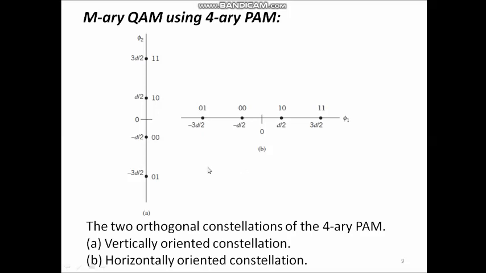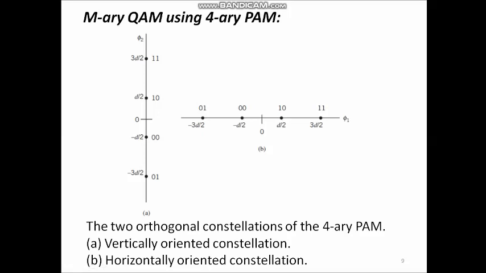Next, to construct that 16-ary QAM constellation, we need 4 steps, because when we take the Cartesian product, we will get first quadrant, second quadrant, third quadrant and fourth quadrant points. So, these points are calculated in 4 stages. Please listen carefully, very important step.